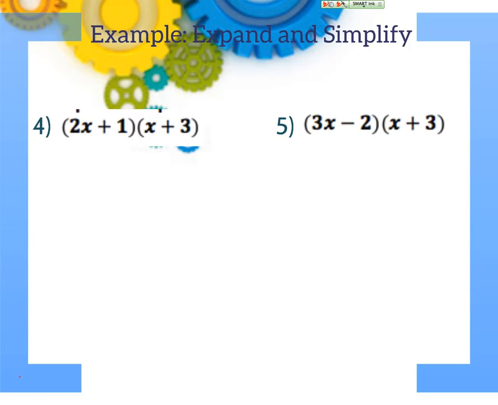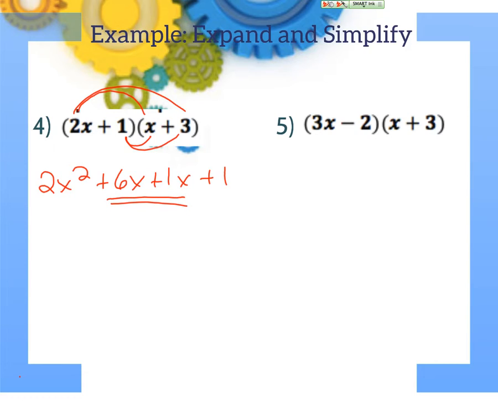Okay, it looks like most of you are about done. It doesn't really matter which order you do these in as long as you do all four multiplications. Just keep in mind that when you do 2x times x, it's going to be squared, 2x squared. Then 2x times 3 will just be 6x. Then I've got 1x plus 1.